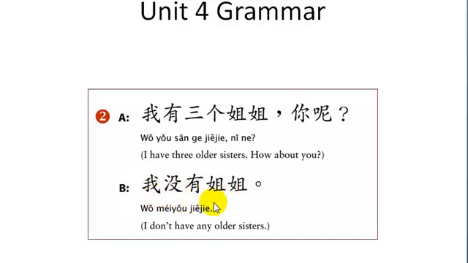I don't have any older sisters. So remember, 有 is always negated with 没, not 不. You cannot say 我不有姐姐. You can only say 我没有姐姐. And that concludes this grammar lesson for Unit 4.